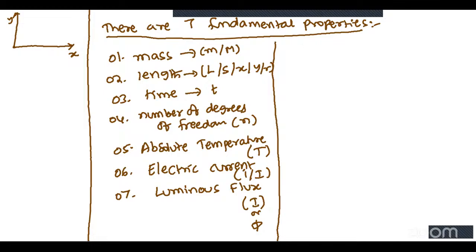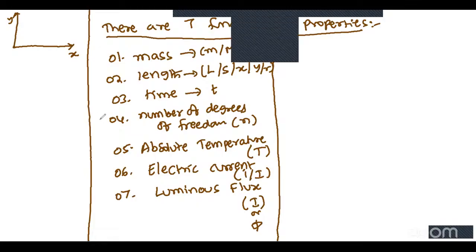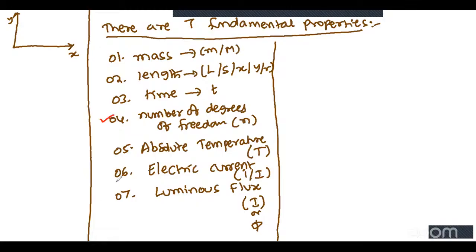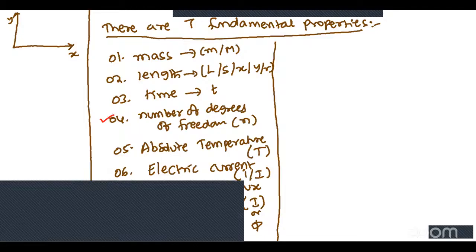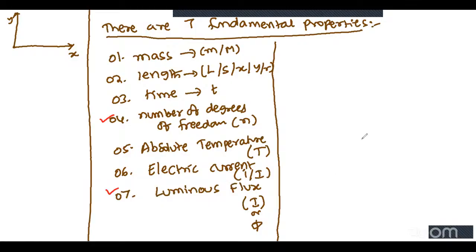I think you don't know number of degrees of freedom and luminous flux. Only these two. The remaining quantities you might have studied up to 10th class. Number of degrees of freedom means, suppose I have a particle like an H2 molecule.